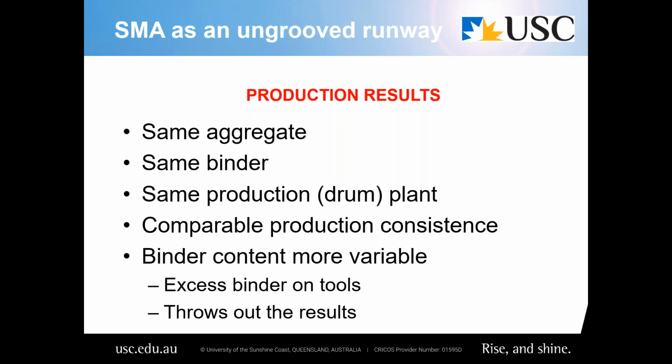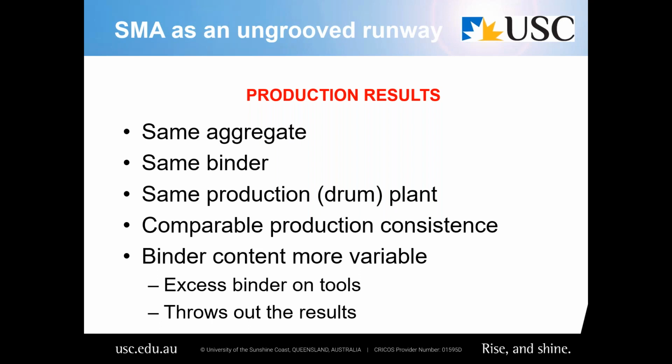Statistically, the production of the two mixes was almost equally consistent. I think that's the right language, but certainly there were no alarm bells jumping out saying, hey, this stone mastic stuff, it doesn't get made in this drum plant very well.